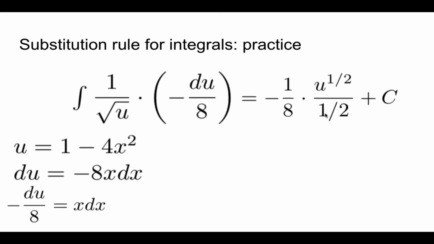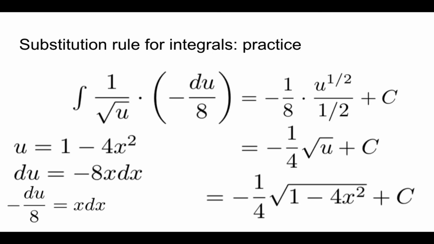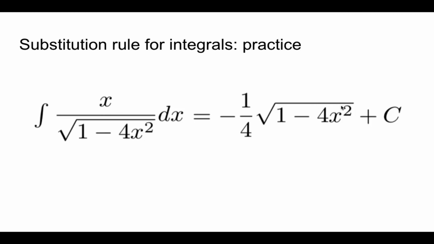So far we have this. Simplified, and problem almost solved. For the full solution, return to the x's. And this is it. So the original problem and its solution. Easy.